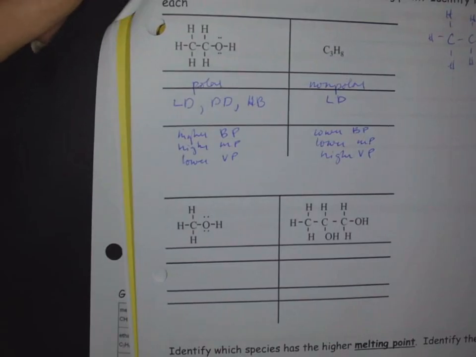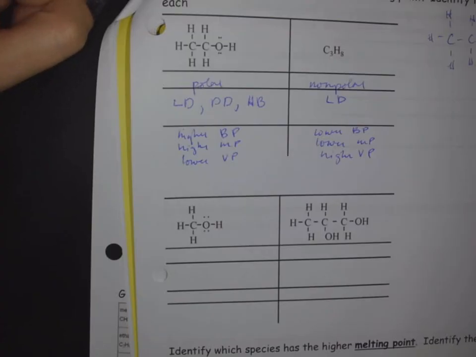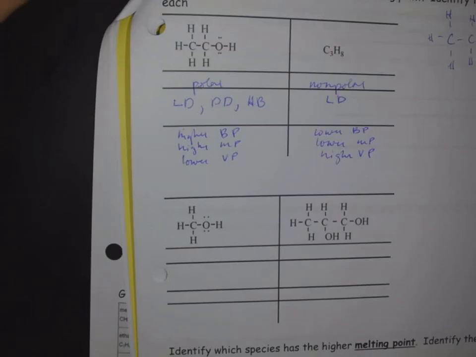Okay? Now, what if I told you that one of these is a liquid and one of them is a solid? Okay? So one's a liquid and one's a solid. Well, solids, the molecules and atoms are closer together when compared to the liquid, and then they're the furthest away in a gas.